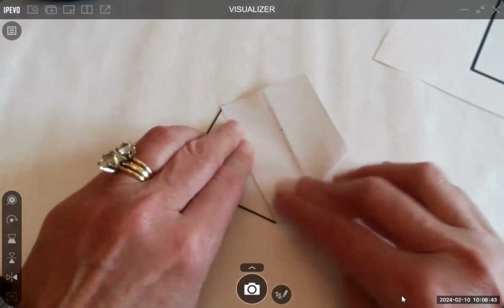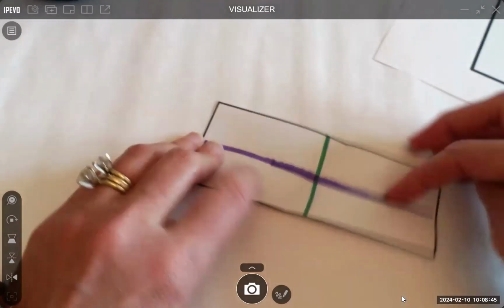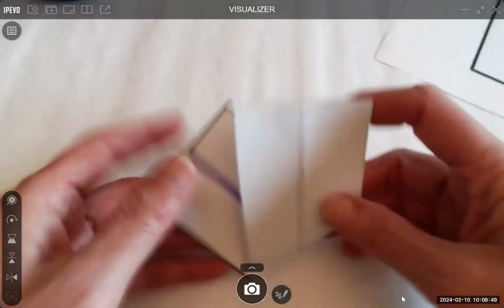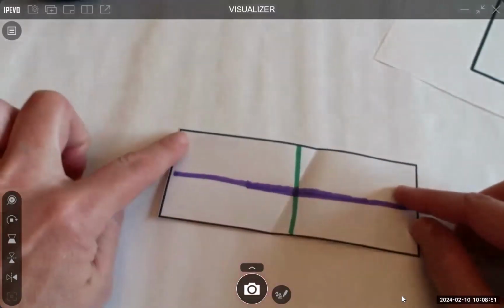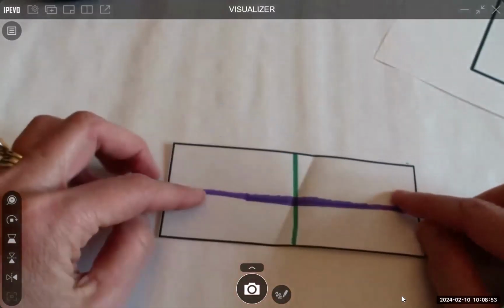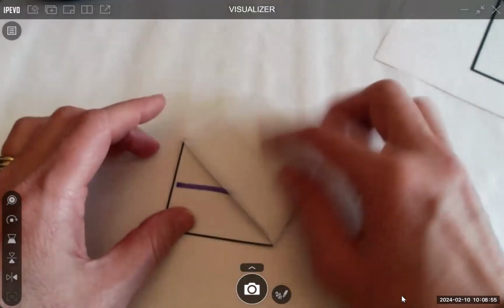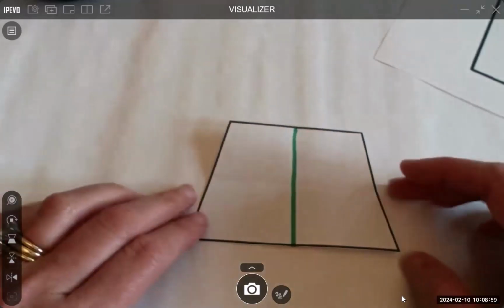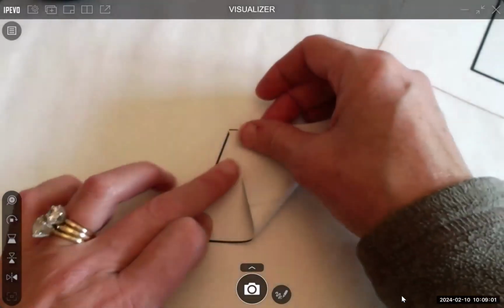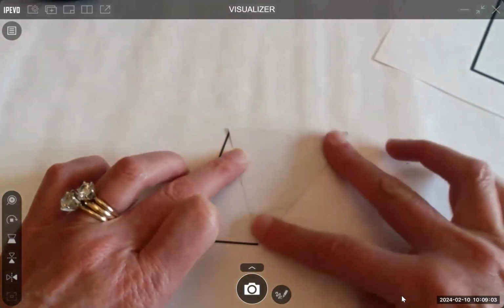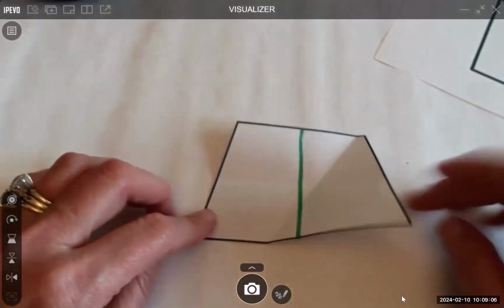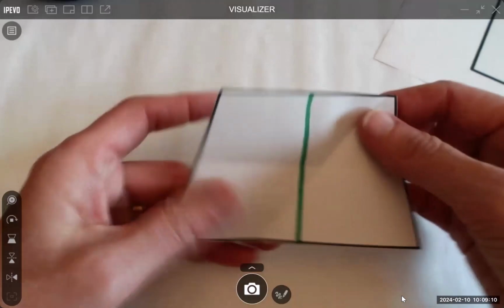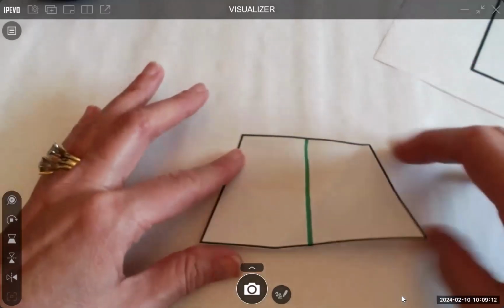If I crease my paper here on my rectangle, we can see that there's not a clean line of symmetry here; it does not create an exact match on the other side. We would also want to do that with our trapezoid, folding to the corner vertice, and we can clearly see these are not exact matches. So there is not a diagonal line of symmetry here.